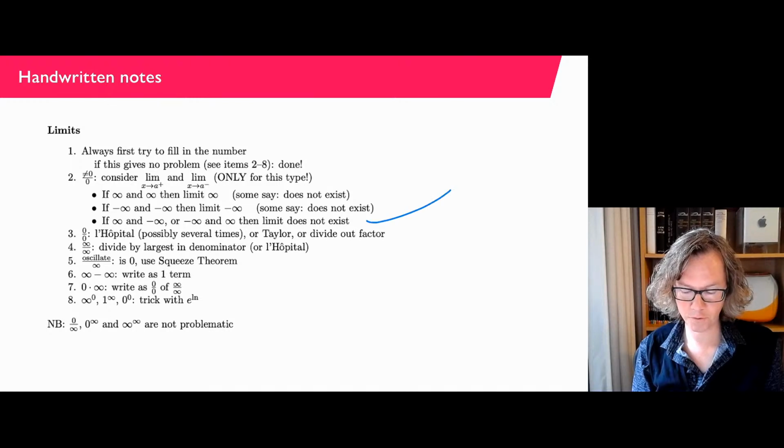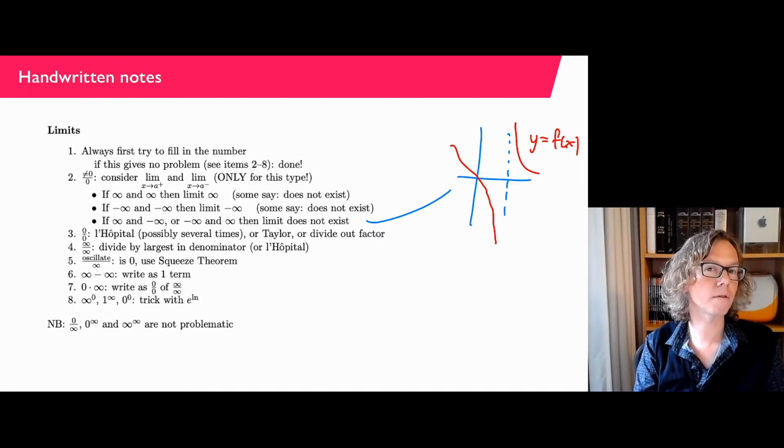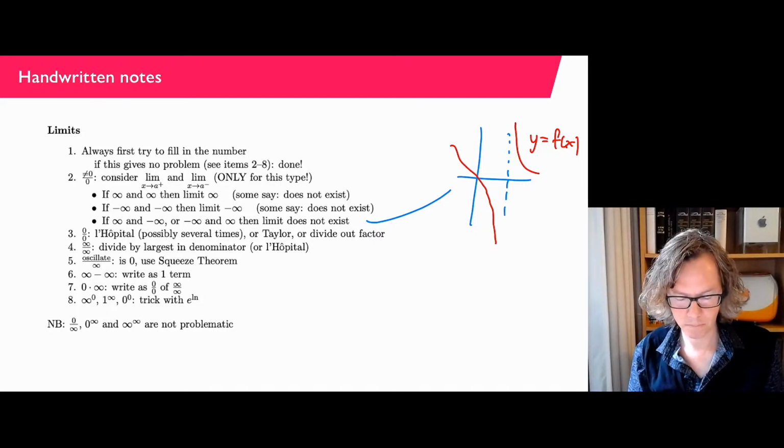So here, for instance, you could have a function that has a vertical asymptote, and it goes to minus infinity, and then it comes back from the other side. So that would be the type of function that you have in this situation.